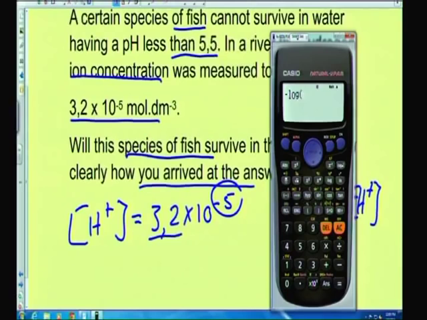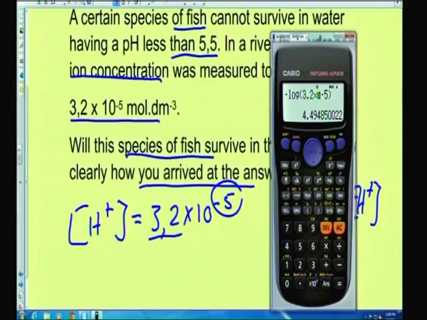I'm now going to put in my equation 3,2, put in the exponent, minus 5, close my bracket, and there I filled it in, just like it showed me in the question. I'm now going to say I want to know what that answer is, because that's going to be my pH. And here my pH is given as 4,49.